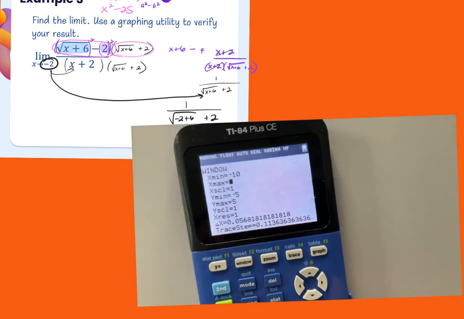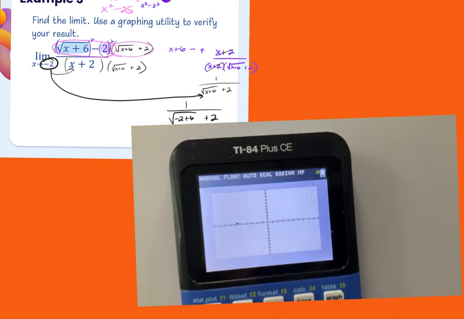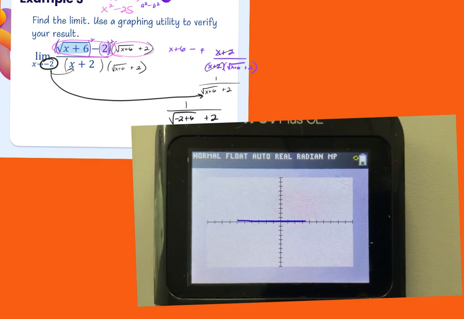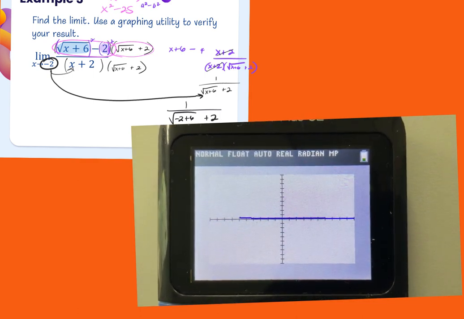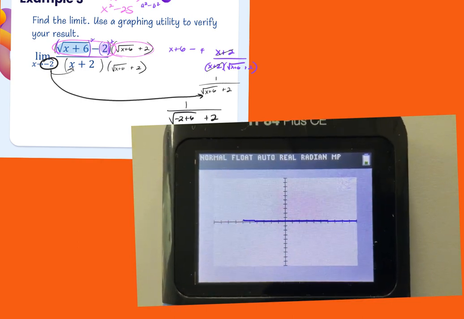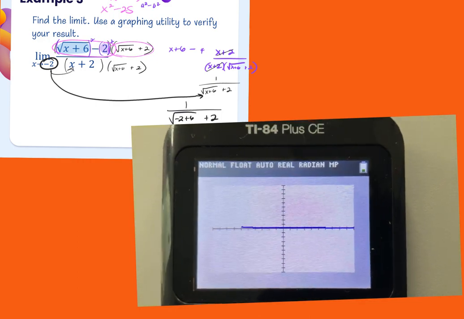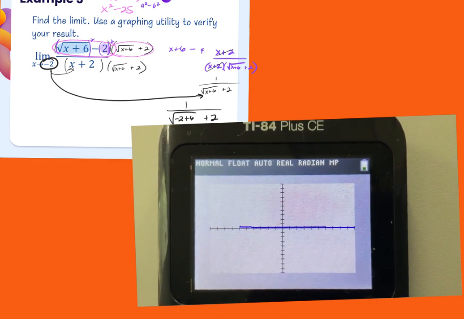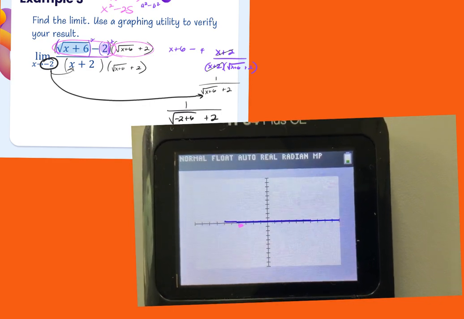Hang on. On the graph, I get this little flattened curve, which is a square root function. There is some curve to it, okay? And it stops at like negative 6, because that would be a domain restriction. If this was an actual square root function, this is where it would start, which would make my domain restricted.